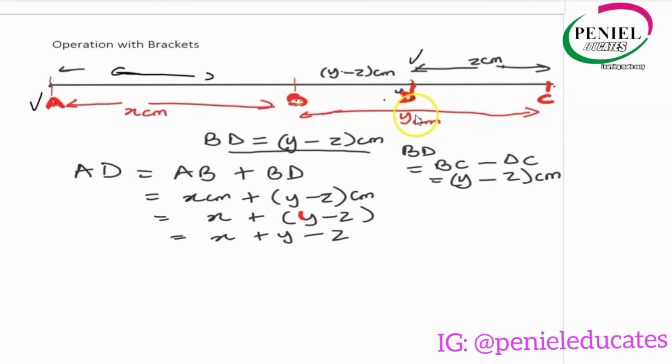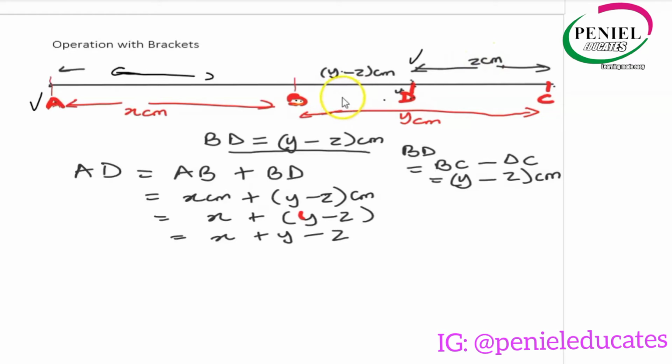Now if you calculate line BD, line BC is Y centimeter, while we're given line DC to be Z centimeter.